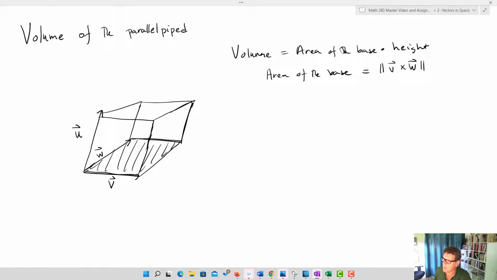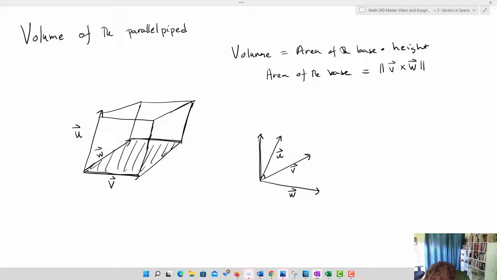In addition to that, if we've got V and we've got W, and we take their cross product, we'll get an orthogonal vector. Then I want to imagine U is coming up here. So here's U, here's V, and here's W, and we have the orthogonal vector.